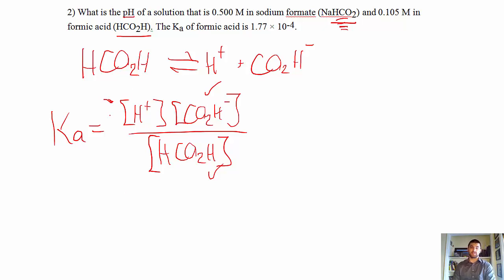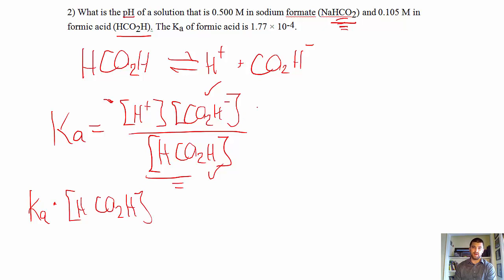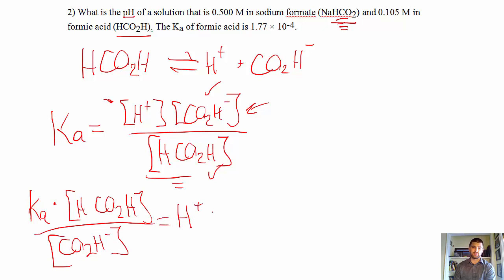So let's do one step at a time. Let's get H⁺ by itself. So I'm going to have to get rid of this down here, move it to the other side. So I get Ka times the concentration of the HCO2H, and I'm going to have to divide by the sodium formate, so I divide by the CO2H⁻. And that is going to equal my H⁺ concentration. So now it's just plug those numbers in.